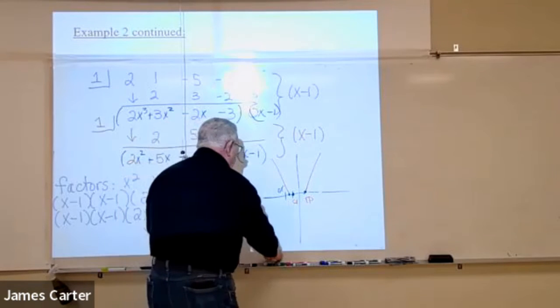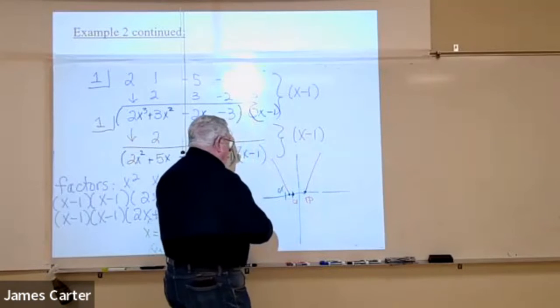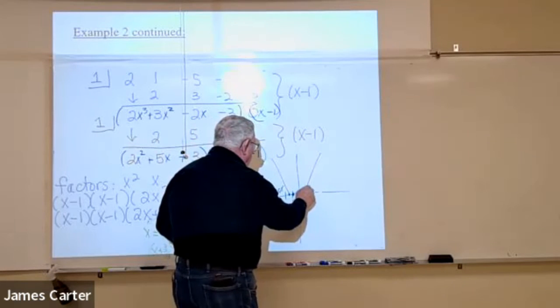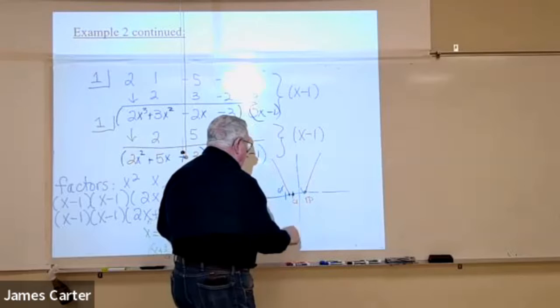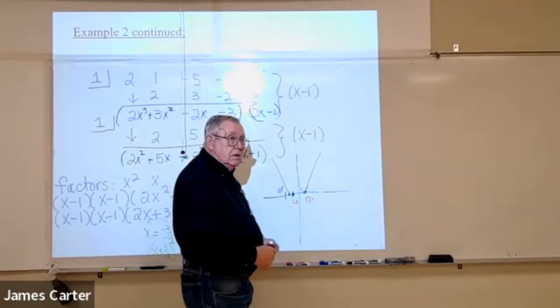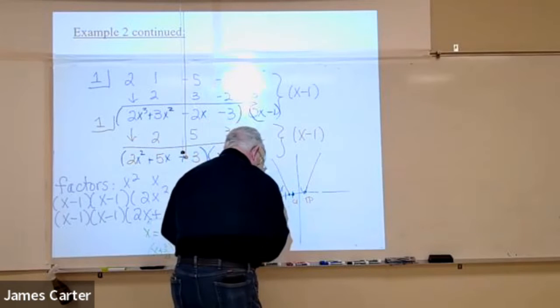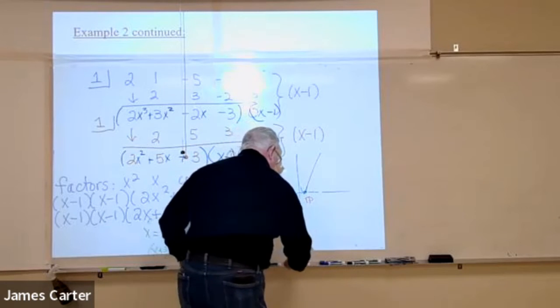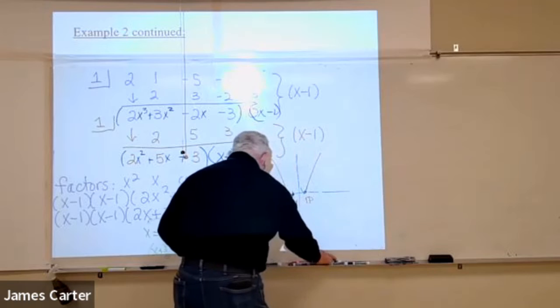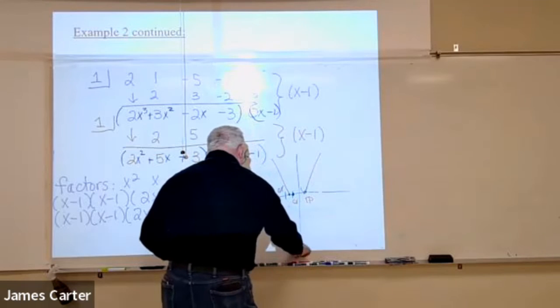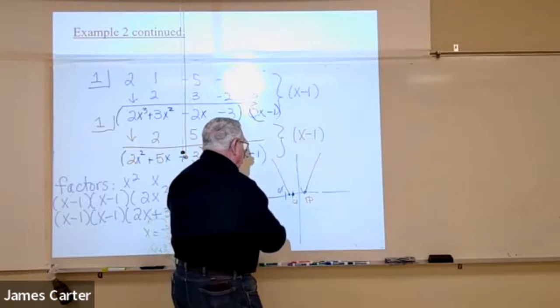Now, what's this thing going to do in the middle? This one is a touch and go, so if it's coming this way, it's got to go back that way. Okay, does that make sense? And ultimately then, what this is going to do, I need a different color than this black.